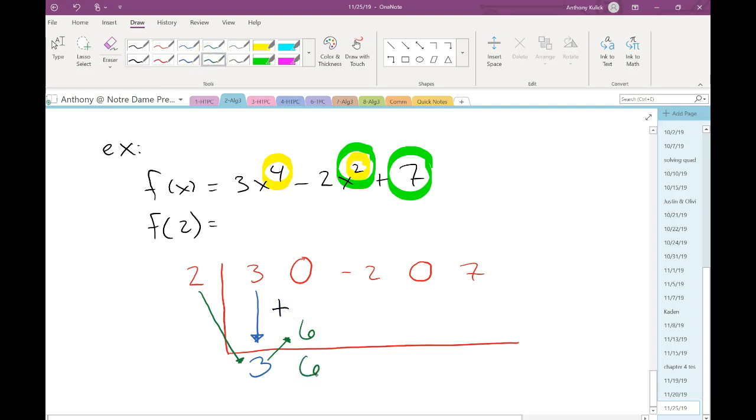That gives us 6. Everybody happy with that? Okay. Next step. Going to take the number on the outside, multiply it by the number below, and write our answer above, and then add down.